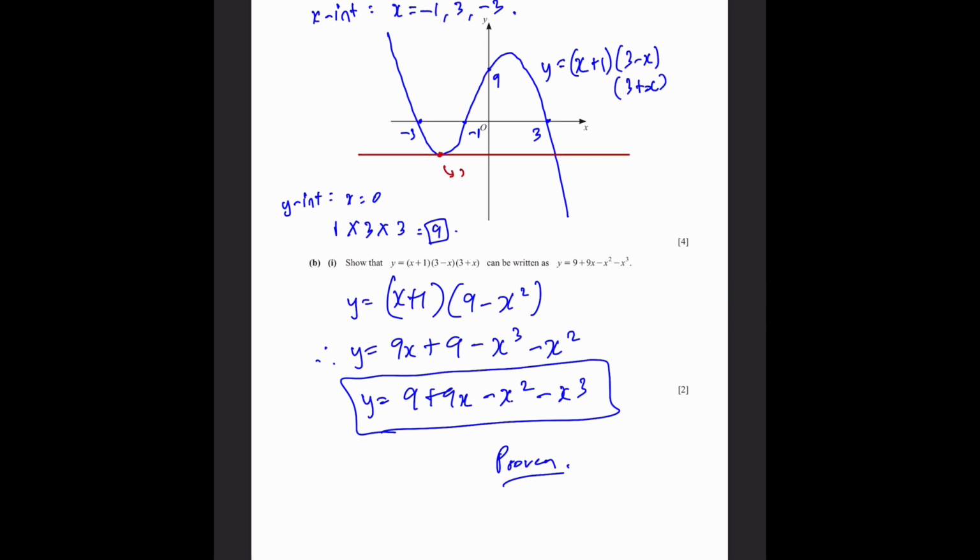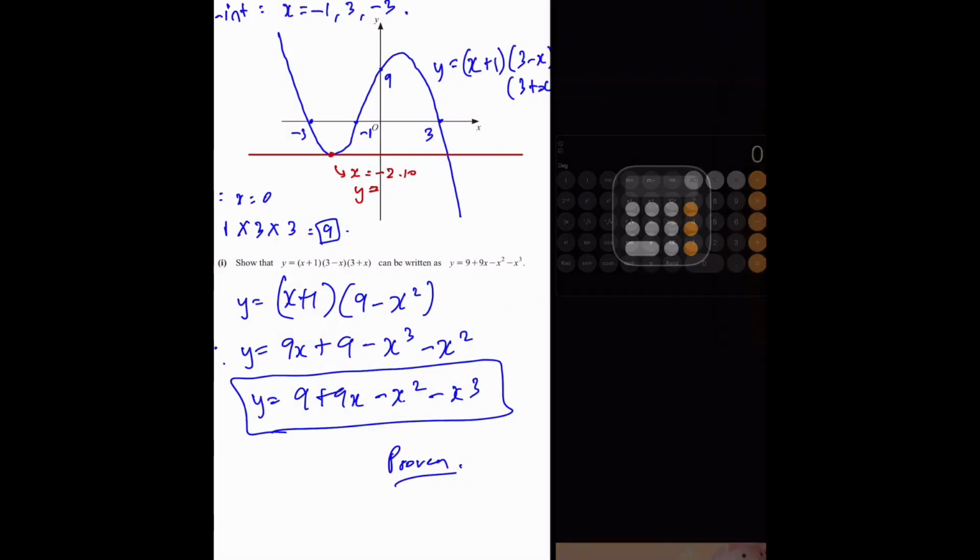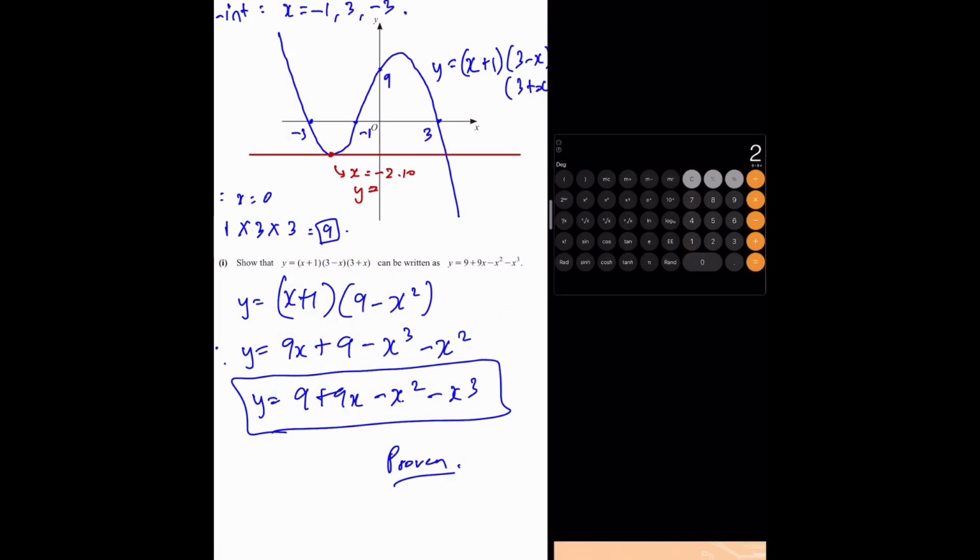So this is x is equal to minus 2.10, right? Because it's on the left of the y-axis, so it's negative. So the y value for this is going to be, using our calculator, 9 minus 9 times 2.1 minus 2.1 squared plus 2.1 cubed.